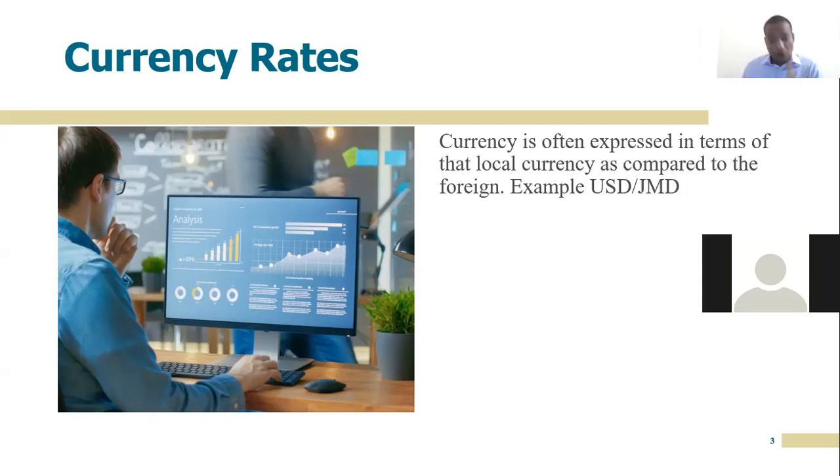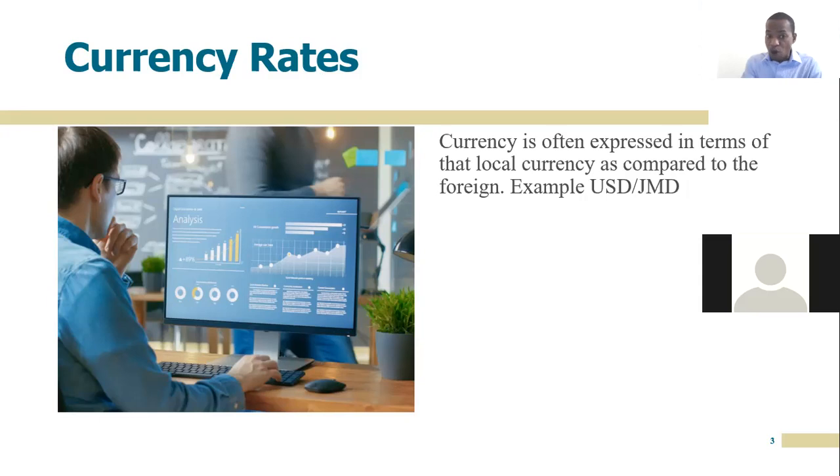The first one, in this case USD, is called the base, and the other one is called the trailing currency. For the base, what you're saying is for one of that, it is going to cost X of the other. So in this case, for USD JMD, for one US dollar, it is going to cost 153 Jamaican dollars. That is how it reads.